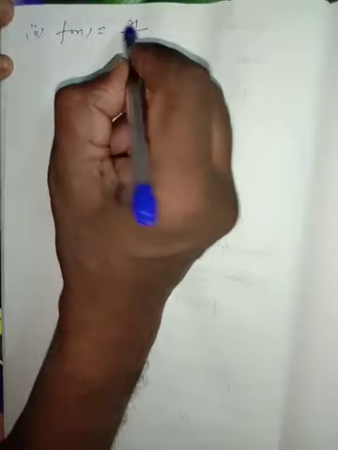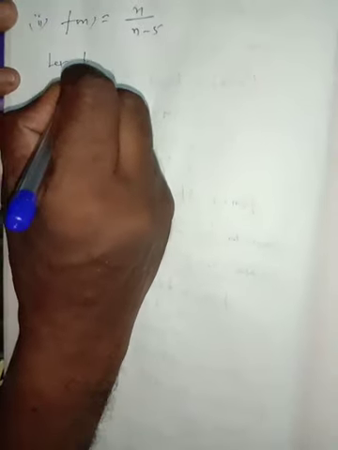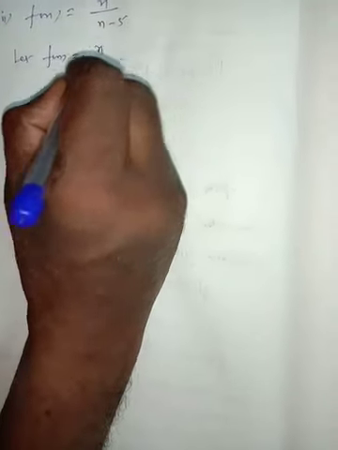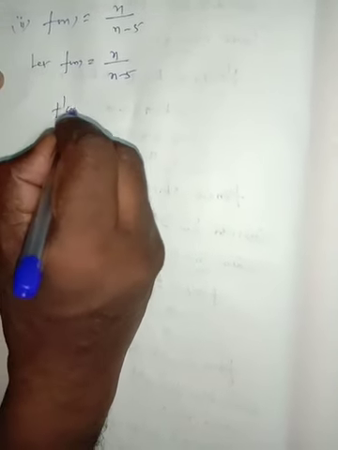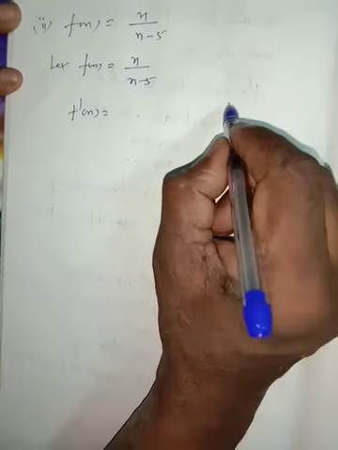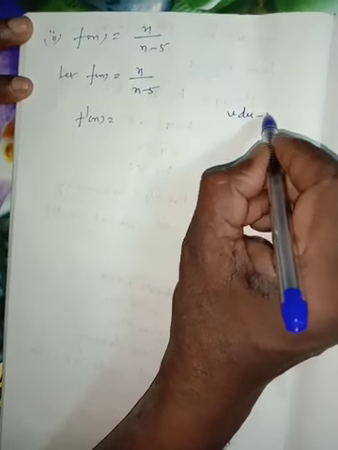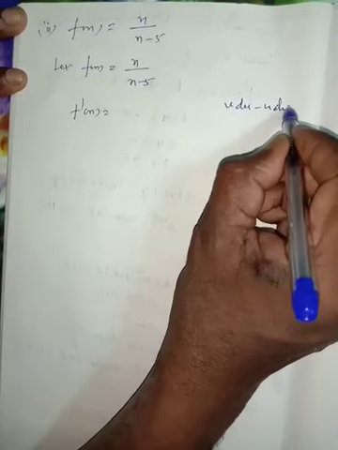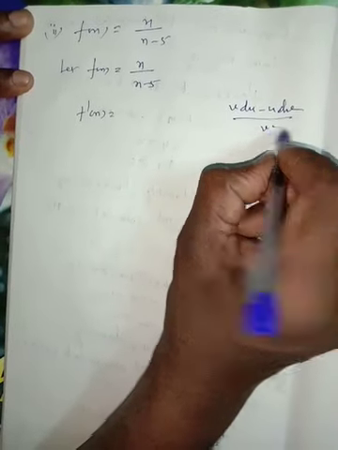Now the next example: x divided by x minus 5. First, let f of x is equal to x divided by x minus 5. F dash of x, using the u by v formula, differentiation of u by v is equal to v du minus u dv divided by v square.